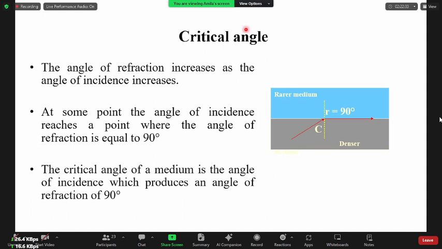Again, this happens when light travels from a denser medium to a less dense or rarer medium. Now here, this is the incident angle, right? When the refraction occurs, it tries to move away from the normal. It's like this.